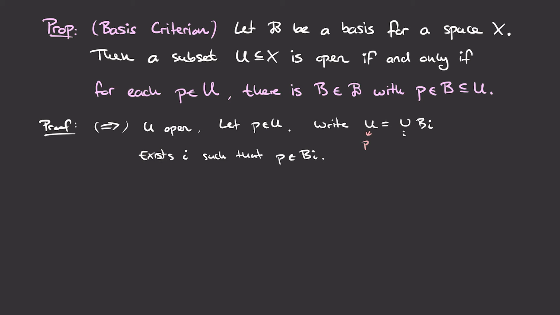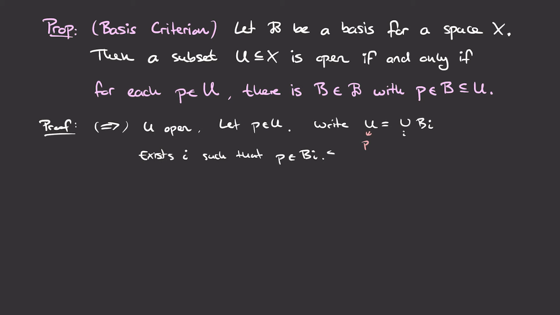Okay, so we've found a basis element Bi such that the point P lies within Bi, and now we just need to show that this Bi is a subset of U. But this follows immediately from the fact that U is the union over these Bi's.